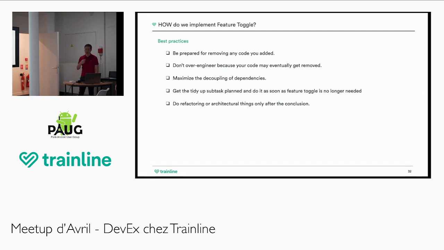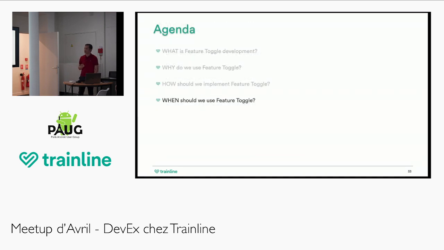And since we try to avoid over-engineering during development, the best moment to slow down and think more about architectural points is after the conclusion, where we know which part we'll keep in the app. So just do it right away.